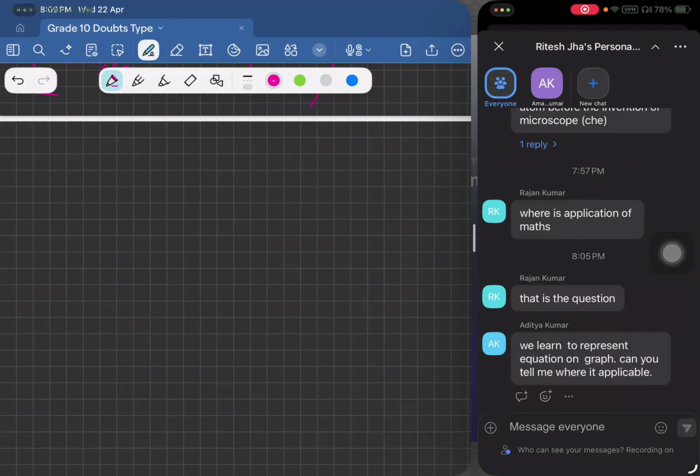We learn to represent equations on a graph. Can you tell me where it is applicable? In fact, while I was delivering a session in the school, I had mentioned it there also. Suppose a baby is growing in his first 5 months at a certain rate, so I'll draw a straight line.